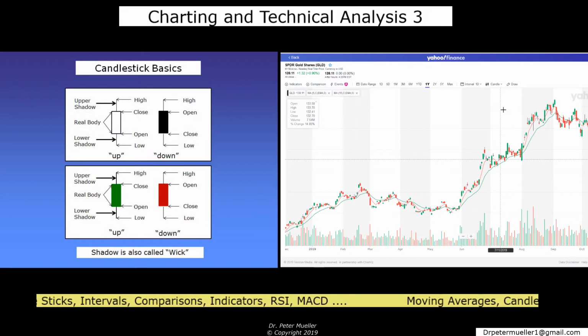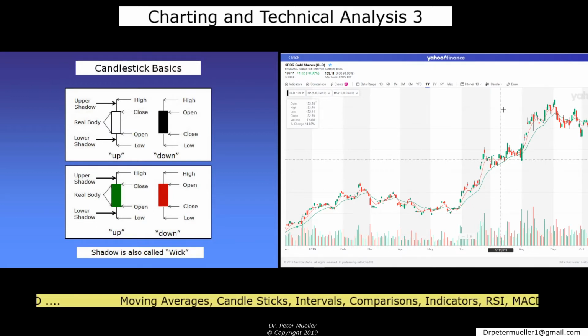And when the closing price is lower than the opening price, then it is a red bar. And you see here in black and white, the up day is a white candlestick, and the down day is represented by a black candlestick.